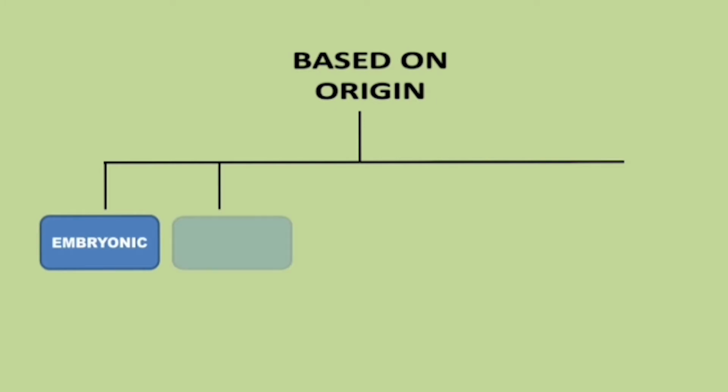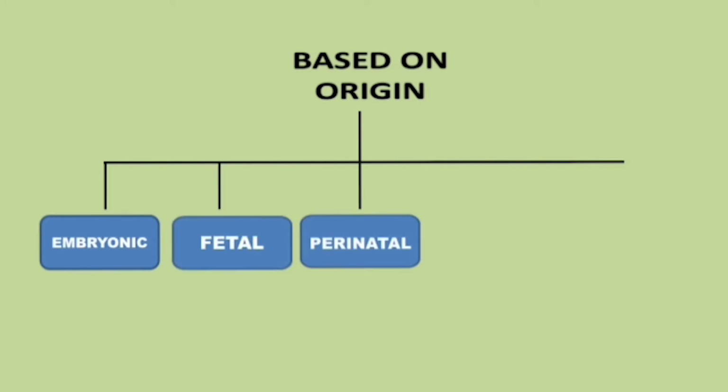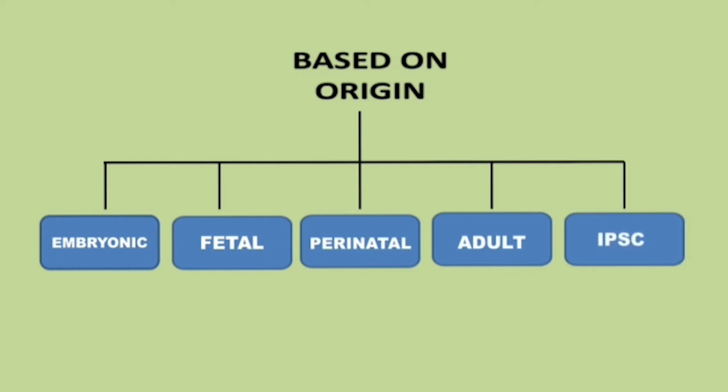Based on origin, stem cells are divided into embryonic stem cells, fetal stem cells, perinatal stem cells, adult stem cells, and induced pluripotent stem cells. Embryonic stem cells.